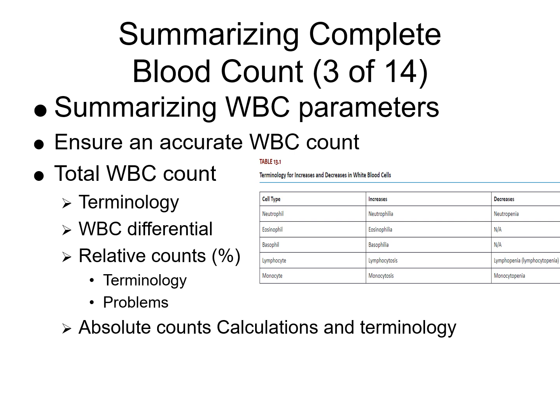For calculations and terminology, an absolute count equals the relative percent of a white blood cell type times the total white blood cell count divided by 100. Absolute counts are preferred for clinical interpretation as they actually reflect true cell numbers independent of shifts in other cell populations.